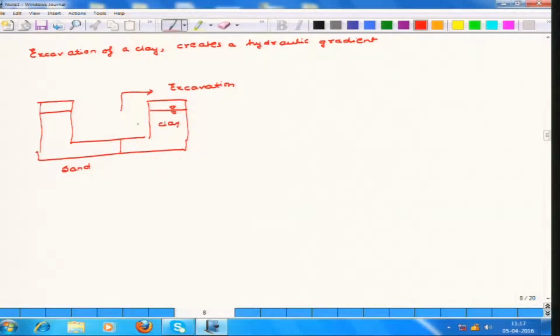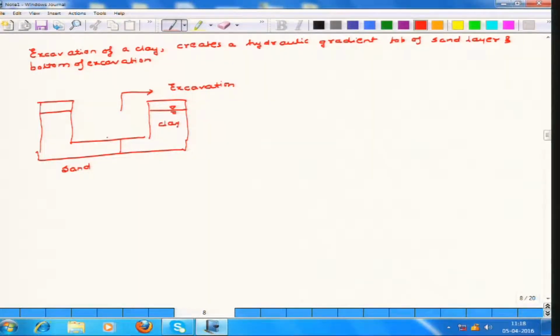Therefore, a hydraulic gradient is established between the sand layer and the top water layer. So, it creates a hydraulic gradient from the top of the sand layer to the bottom of the excavation.